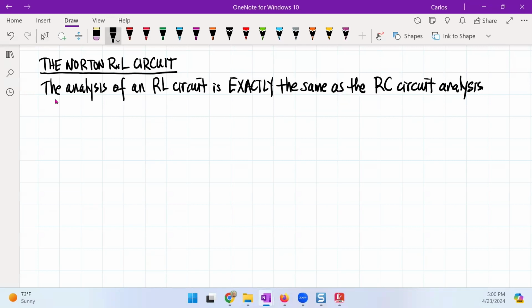So I'm not going to reinvent the wheel. We know already quite a bit about this.